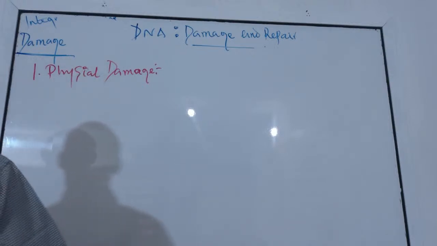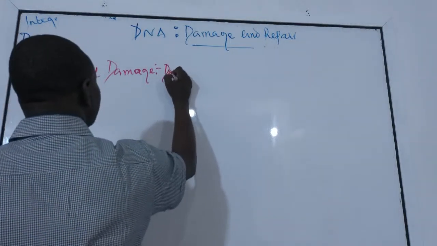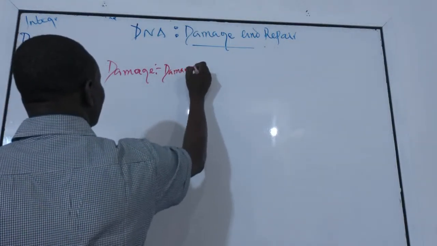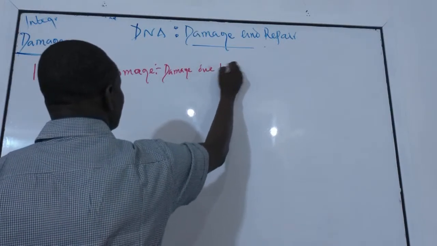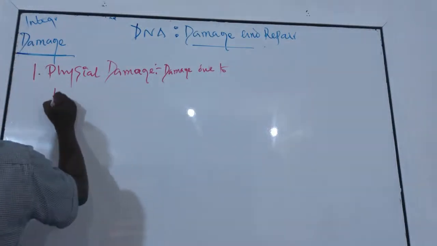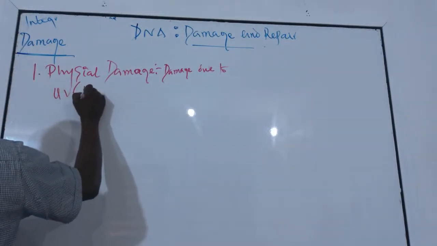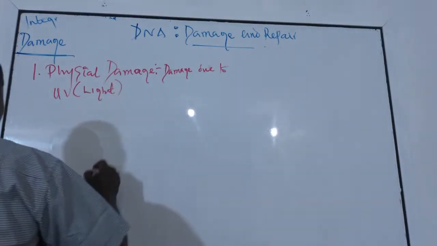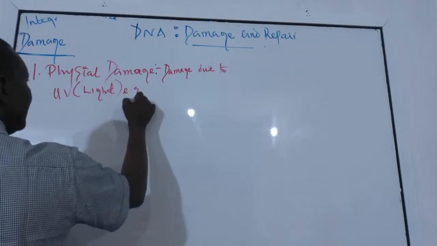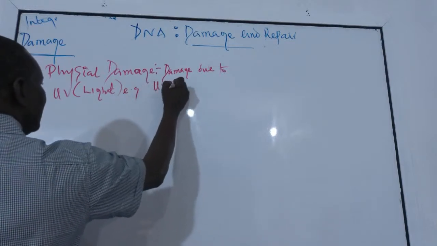When we talk of physical damage, these are damages or errors due to, one, ultraviolet rays, that is ultraviolet light, especially the one that is caused by UV radiation.